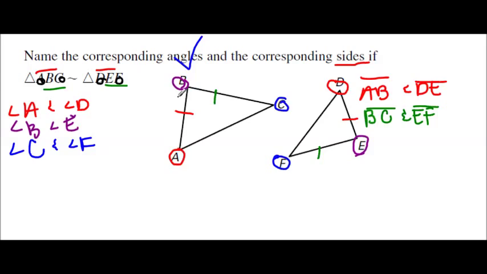Now there's only one side left. That's going to be side AC, the first letter and the last letter, and side DF. We kind of look out with that one because they're the only sides left. So, 6 points on that one.